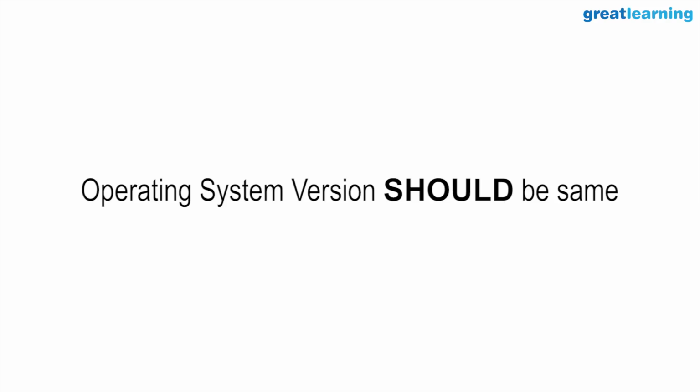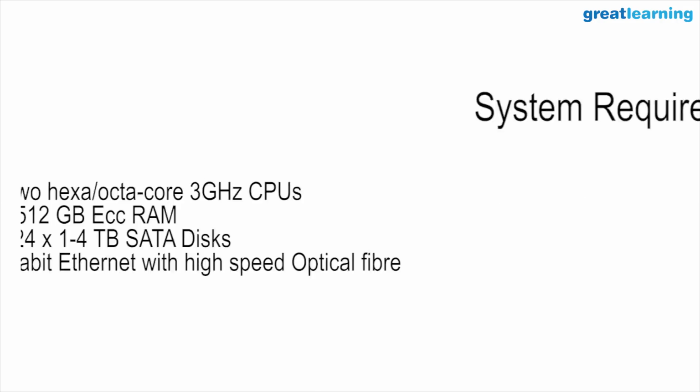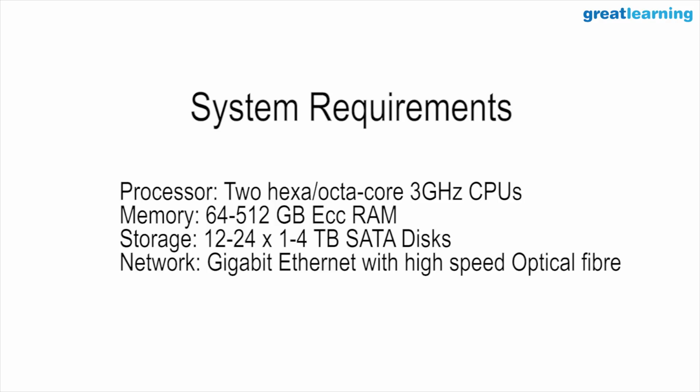So the data nodes typically will have this configuration. Data nodes will usually have a minimum of at least 4 core CPUs, quad core, and a minimum of 16 GB RAM. In industry deployment, they will not go less than this. They'll go in multiples of that. So typically you can think of 2 hexa-core or octa-core CPUs around 3 GHz speed.